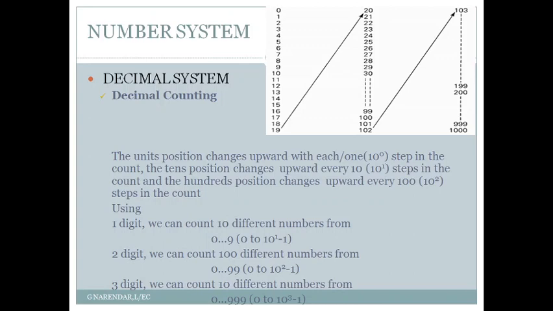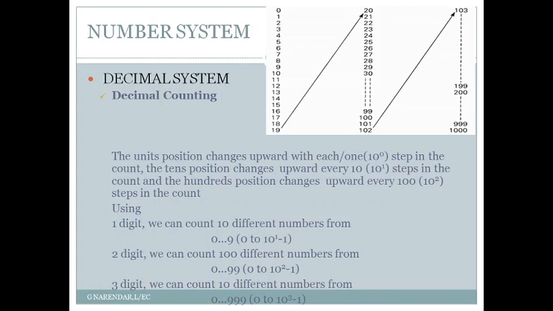So this will give us the next 10 counts. In the higher position we have put a 1, and in the lowest position we have incremented the digits from 0 to 9, by that we got 10 more counts.